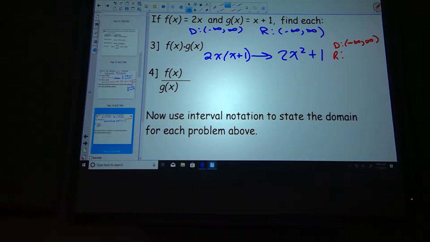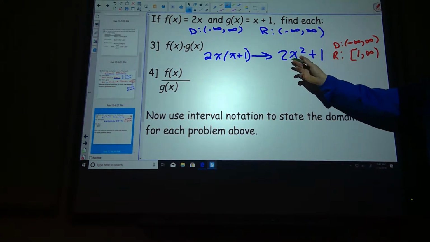What does the negative number become? Positive. If I plug a positive number in, what does x squared still become? Positive. Are any negative numbers going to exist on this problem? Can I make this problem 0? No. I can plug 0 in, can't I? Yeah. You'll get 1. I get what? 1. So my range is going to go from 1 to infinity.